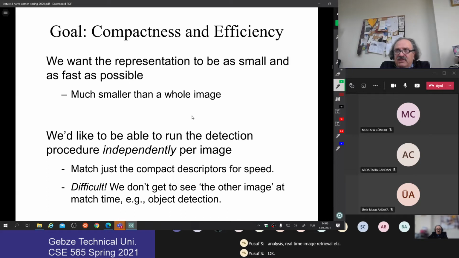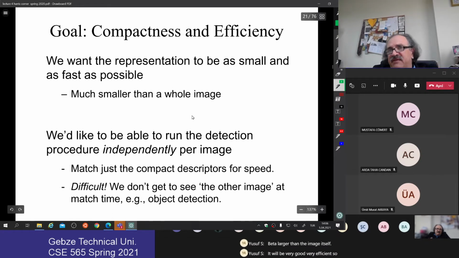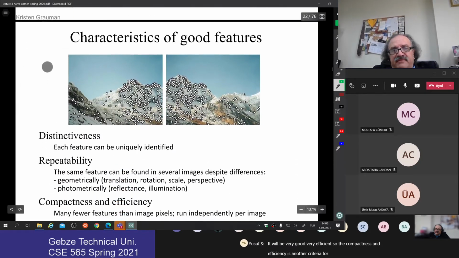And when you are representing points, your representation should not be larger than the whole image itself, right? I have the whole image, and you cannot store data larger than the image itself. That wouldn't be very efficient. So compactness and efficiency is another criterion for us.